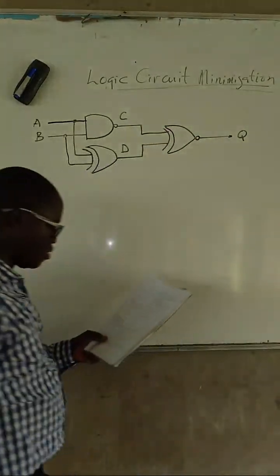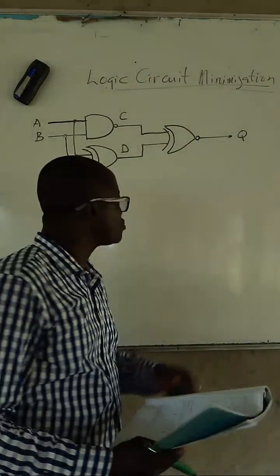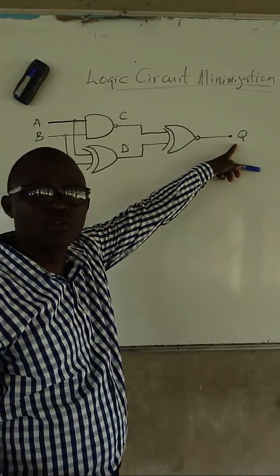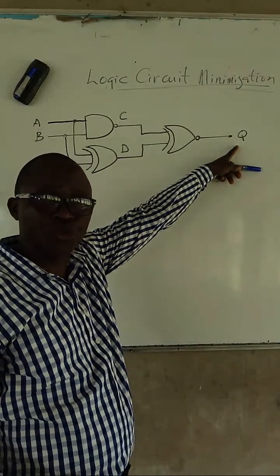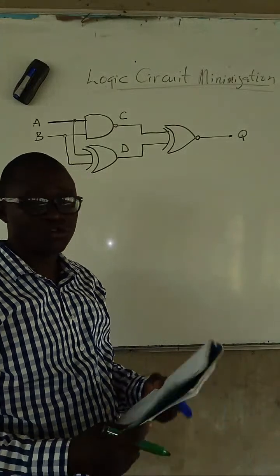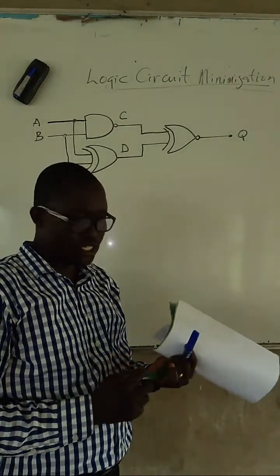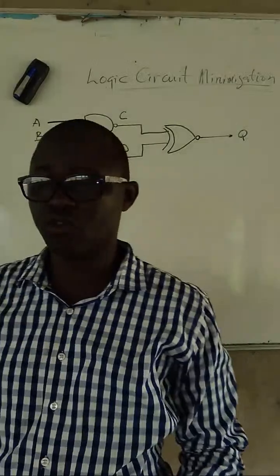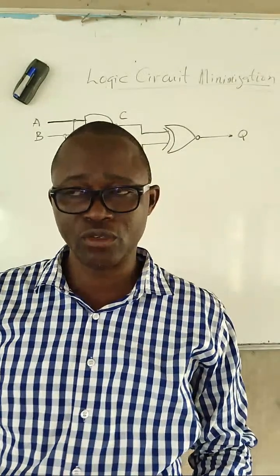So we want to know what the outcome will be on the truth table for the output Q. We're going to draw the truth table and see what the final output Q of this combinational logic circuit will be.